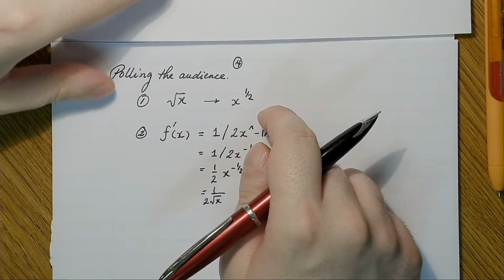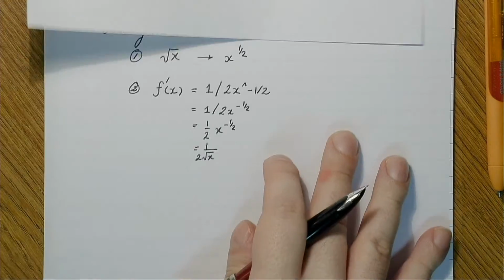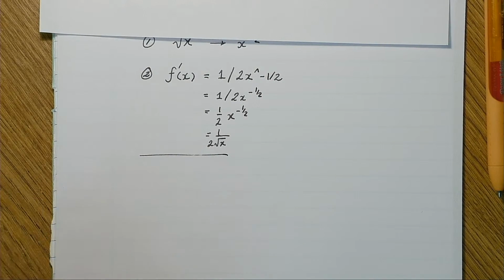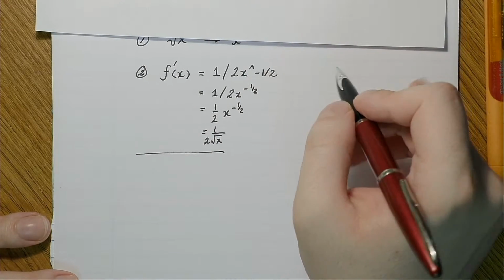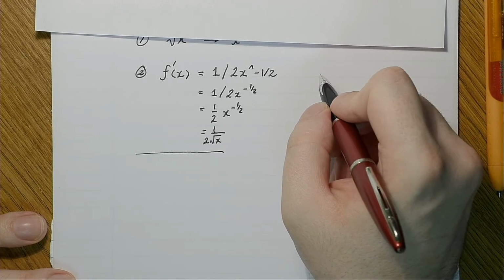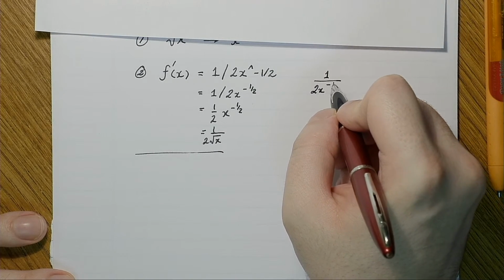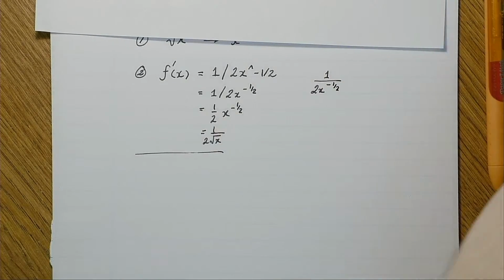Again, the idea is that from here we can, yeah, that's what it means. Okay, perfect. Because when I read it initially, I had read that as 1 over 2x to the minus 1/2, and that would be incorrect, but this is right.